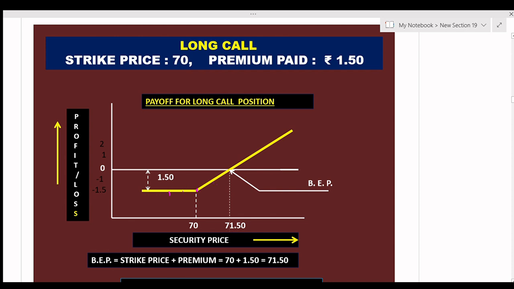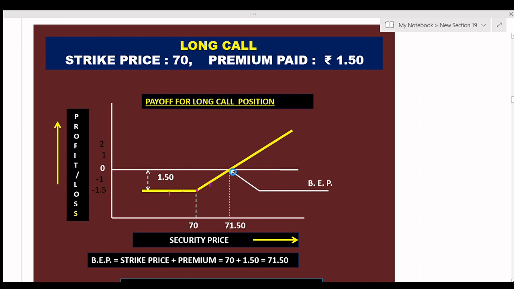If it increases from 70 by just one, that is 71, he will make a profit of rupees 1, and ultimately the loss will be 0.50, that is plus 1 minus 1.5. Now this is the break-even point, where there is no loss, no gain.